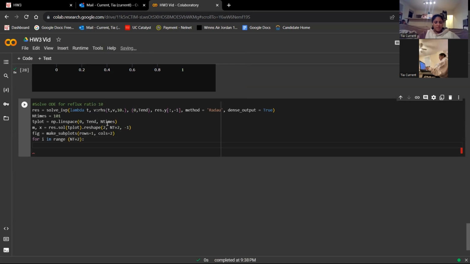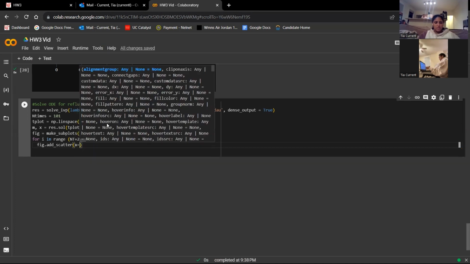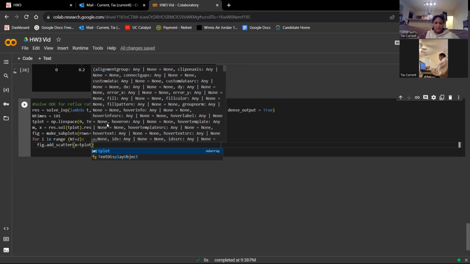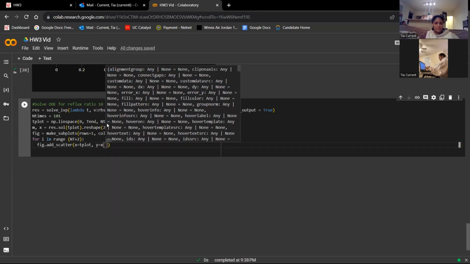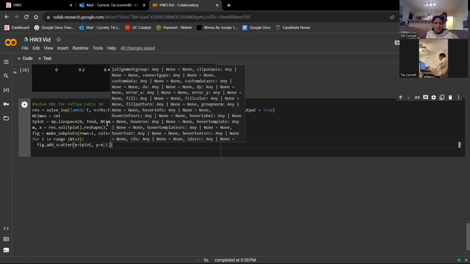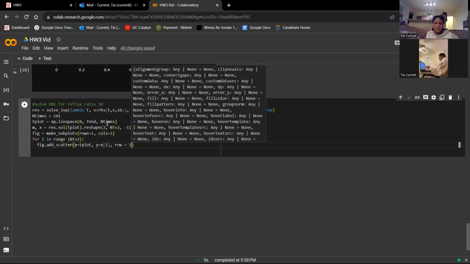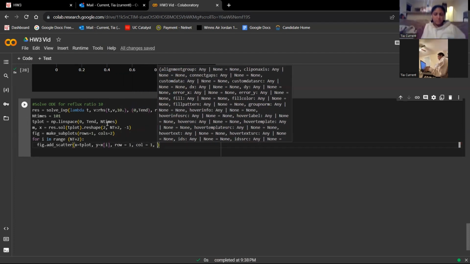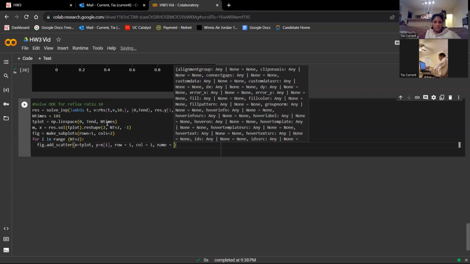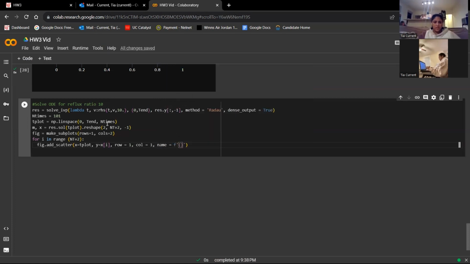Within this, I'm going to have a big scatter, x equals t_plot, y equals f-string x bracket i.